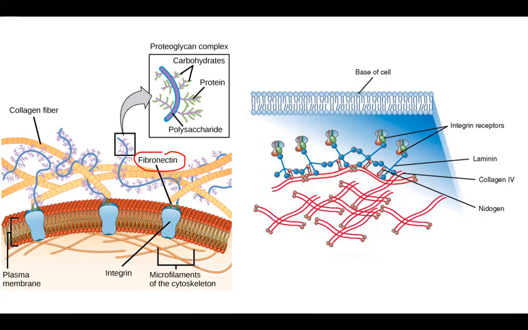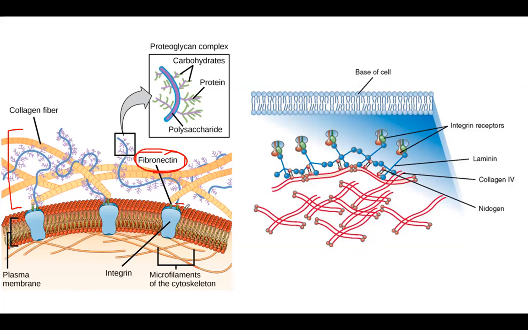So type 1, type 2, and type 3 extracellular matrix can all bind to fibronectin, but not type 4. That's what they want you to know. You can see fibronectin can attach to different types of extracellular matrix, but only three types: type 1, type 2, type 3, and it cannot attach to type 4.